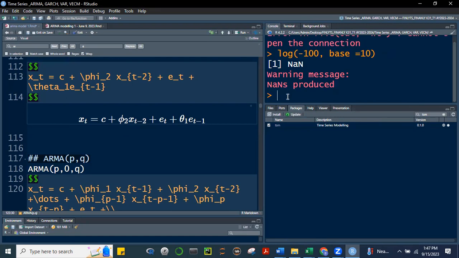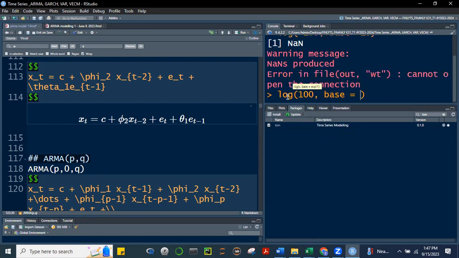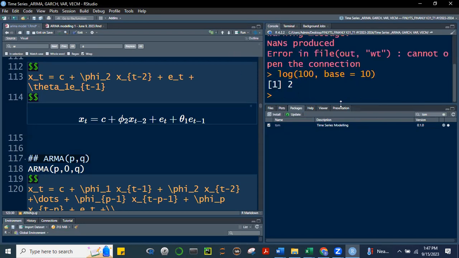But if I ask R to get the log of 100 to the base 10, base is equal to 10, control enter, that's 2. Because if you recall from your algebra, how is the log defined?